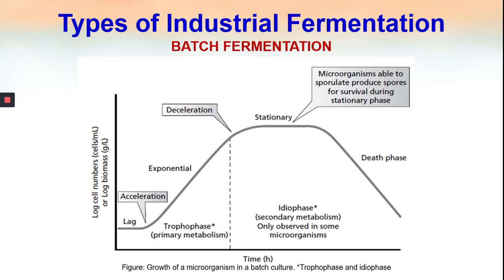We will let the fermentation process occur without any interruption. Hence, it allows the microorganism to undergo all four phases until the last phase. Since the microorganism can undergo all four phases, batch fermentation is really suitable for secondary metabolite production.